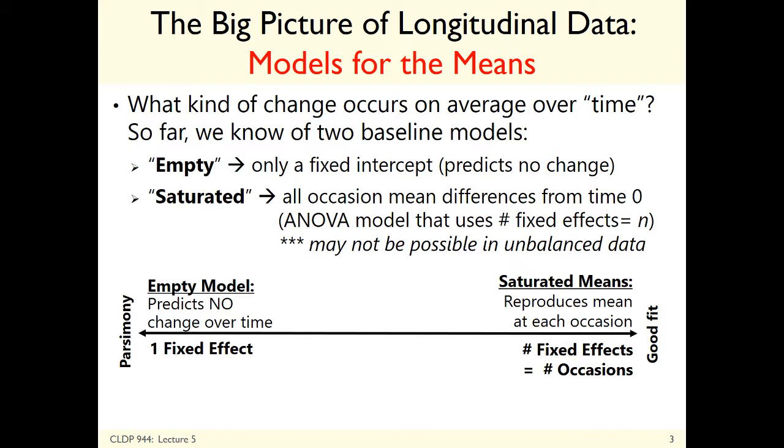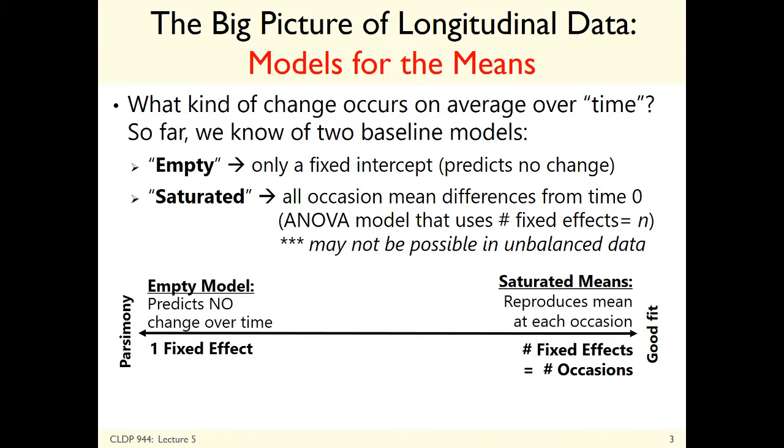So first, the model for the means. You know these words very well after your last homework, right? Empty means no change: one parameter, a fixed intercept. That gives you some mean for your outcome variable that allows the mean to be different from 0.